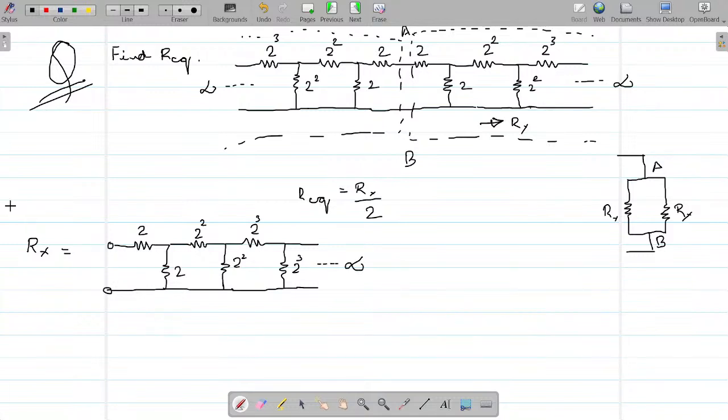Now, again, look closely and tell me if it is correct. I am just asking you to observe this point. This resistance, I am naming it as Rx dash. Tell me, is it safe? Let me draw it and then I'll tell you.